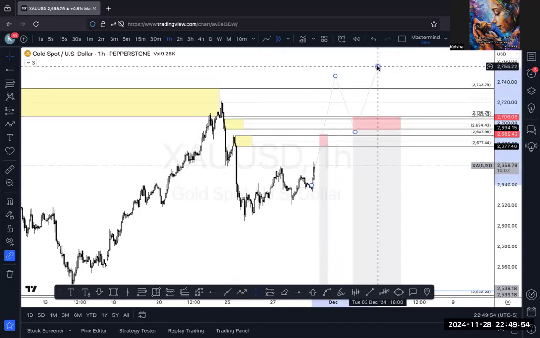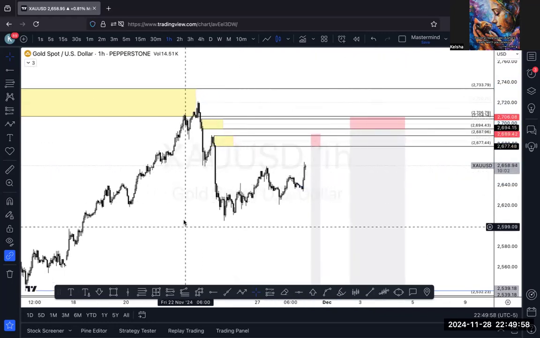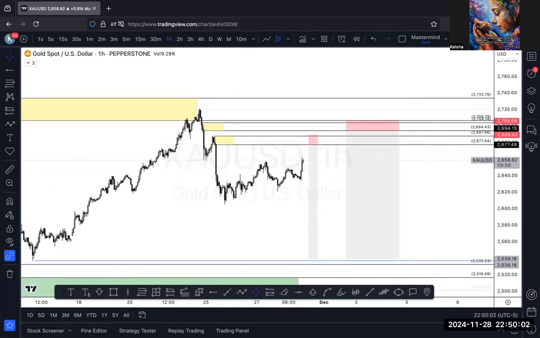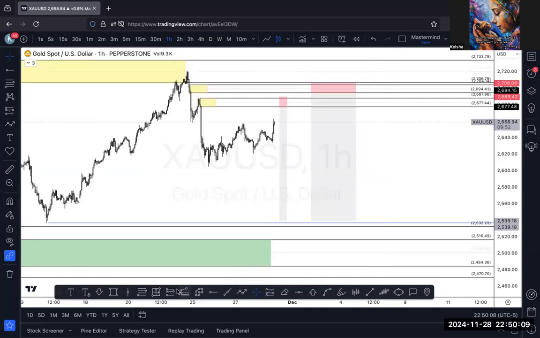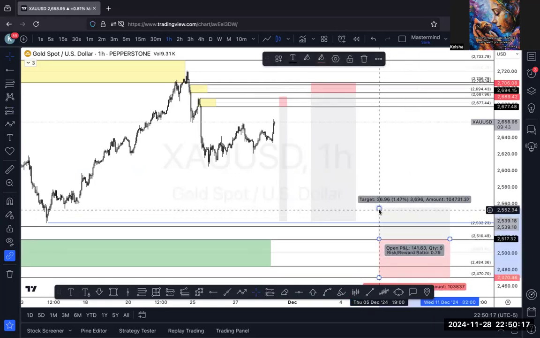But we could consider counter trend shorts down to our zone on the 1 hour and the 4 hour time frame. And eventually, once gold gets to the daily demand and weekly demand, then we could consider longs, right?